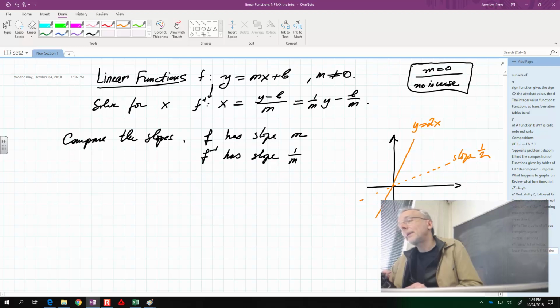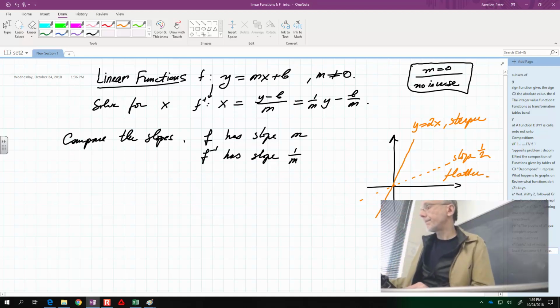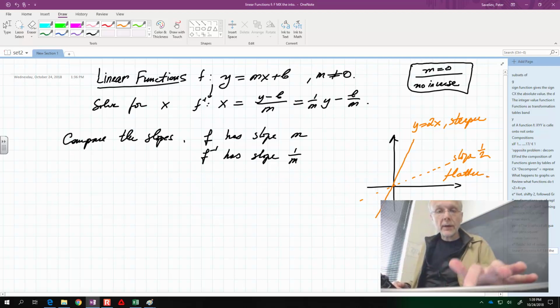So the steeper the graph of the original function is, the shallower, the flatter will be the other one, and vice versa. Okay, so that's how you can solve the problem of inverses of linear functions once and for all.